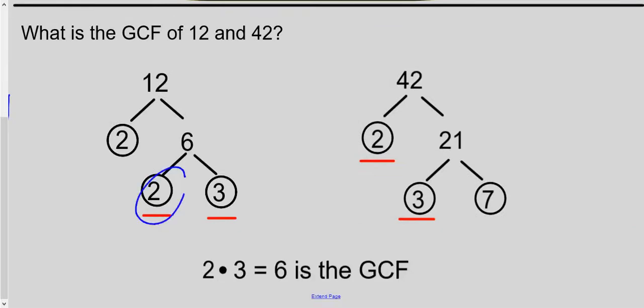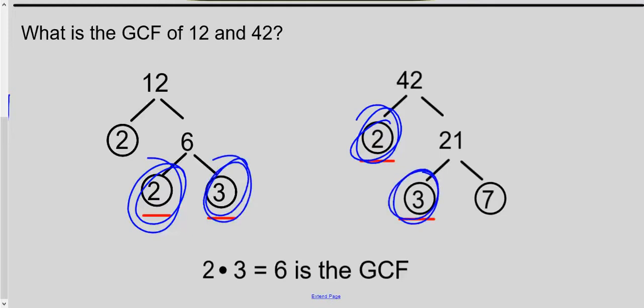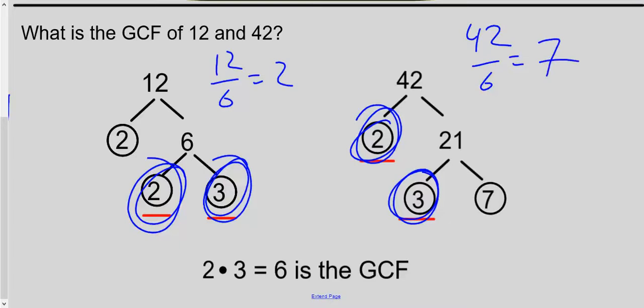There's a 2 in common, and there's a 3 in common. So the greatest common factor of 12 and 42 is 6. That means I can divide 6 out of both numbers evenly. It's the largest number that you can divide out evenly.